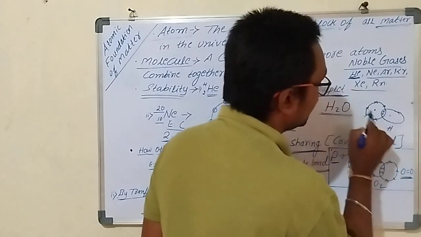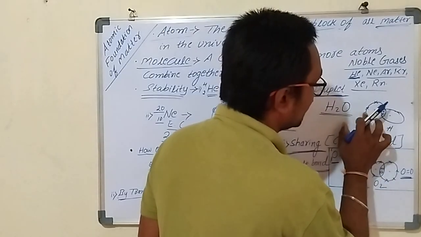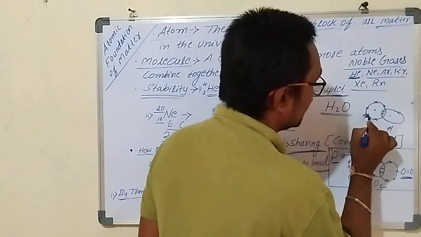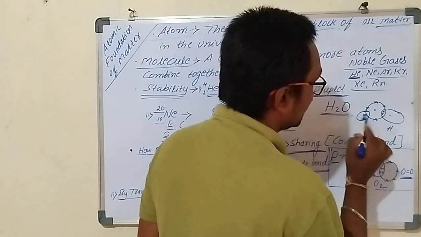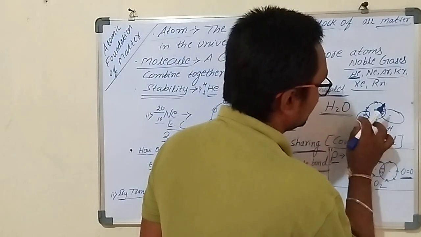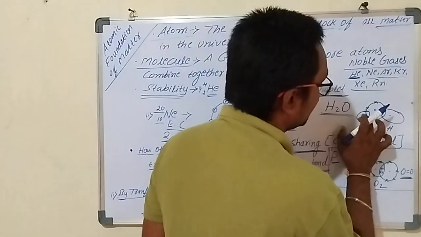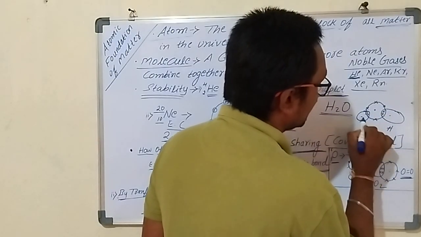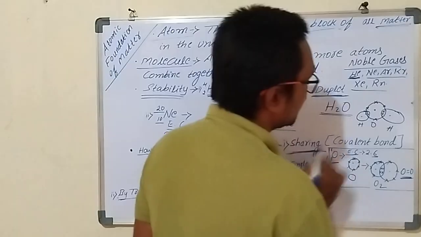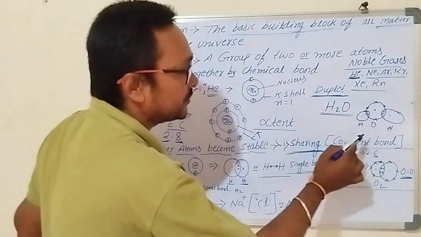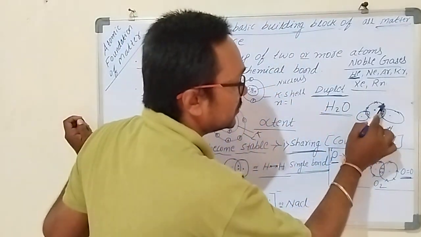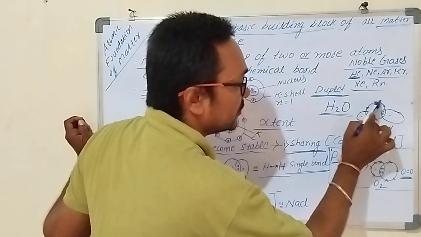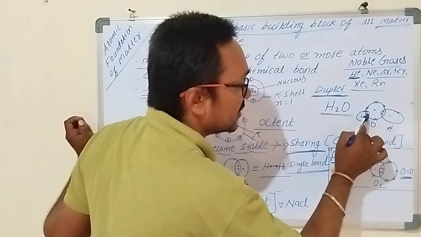this is oxygen. Okay, now 1, 2, 3, 4, 5, and 1, 2, 3, 4, 5, 6, 7, 8.